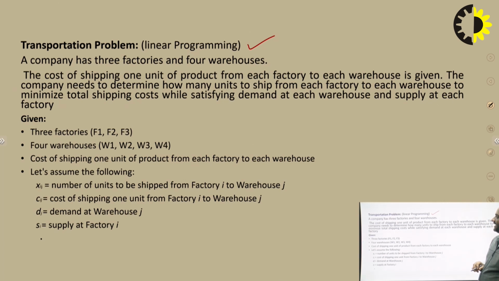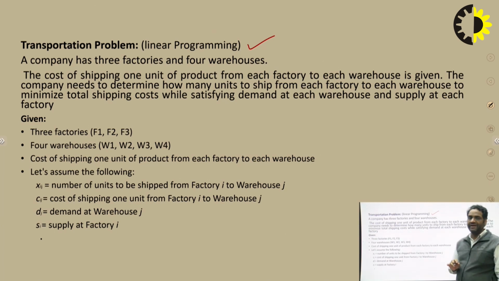A company has 3 factories and 4 warehouses. The cost of shipping one unit of product from each factory to each warehouse is given. The company needs to determine how many units are shipped from each factory to each warehouse to minimize total shipping cost while satisfying demands at each warehouse and supply at each factory.